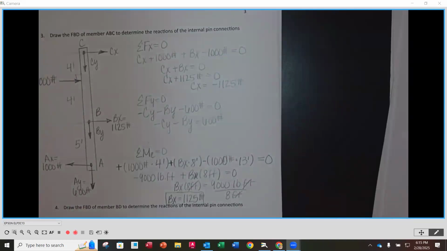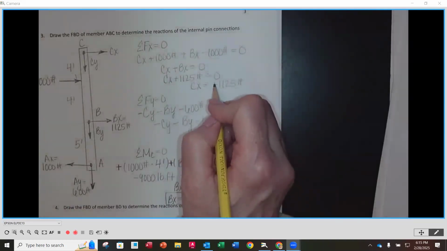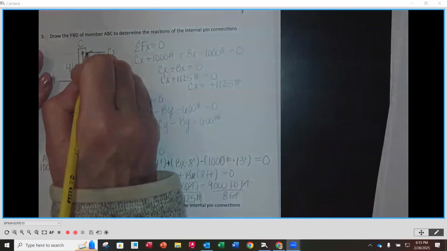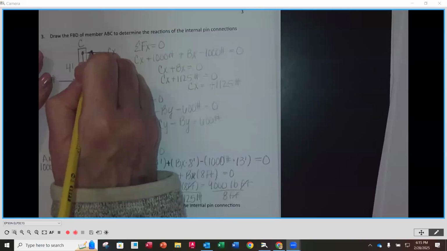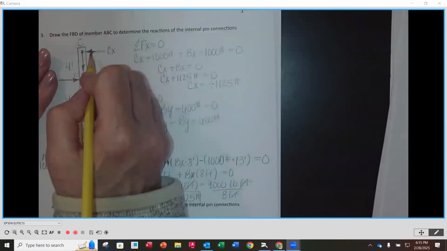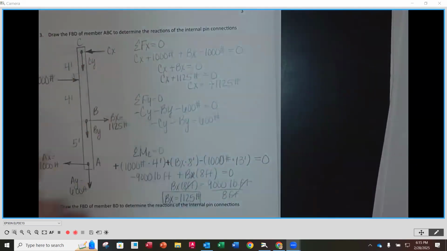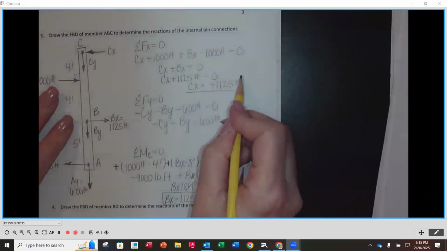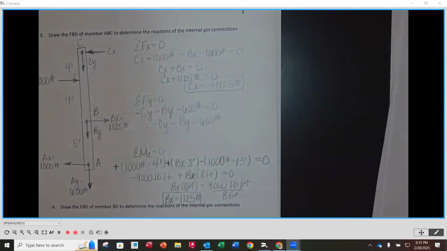We have to fix this each time. So we're going to make this positive, and we're going to change the direction here from going to the right to going to the left. Make sure you update it here. That's really important, because on these internal pins, they have to be correct so that when we move from one member to the next, we have the right direction. So we've got CX also as a final answer.